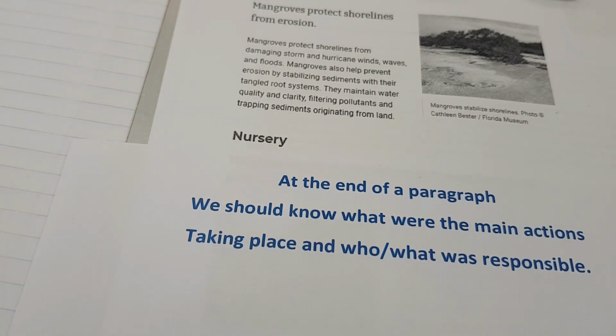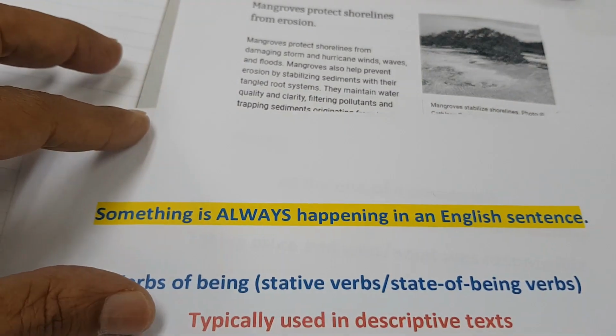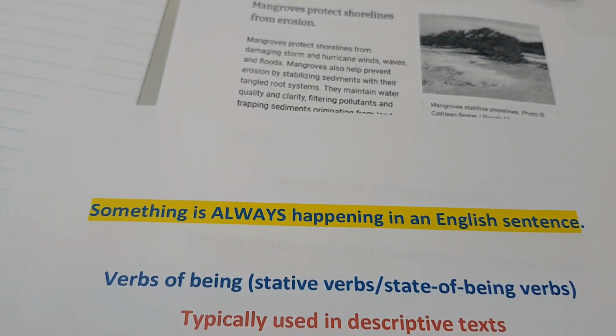Put another way, at the end of reading a paragraph, what we should know is what is the major action taking place in the paragraph, because that is what a sentence is. In an English sentence, something is always happening. Okay? Why?